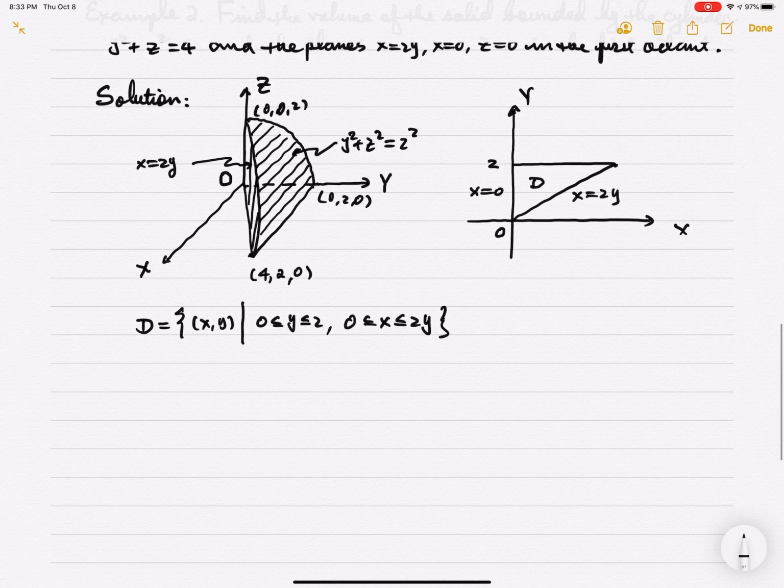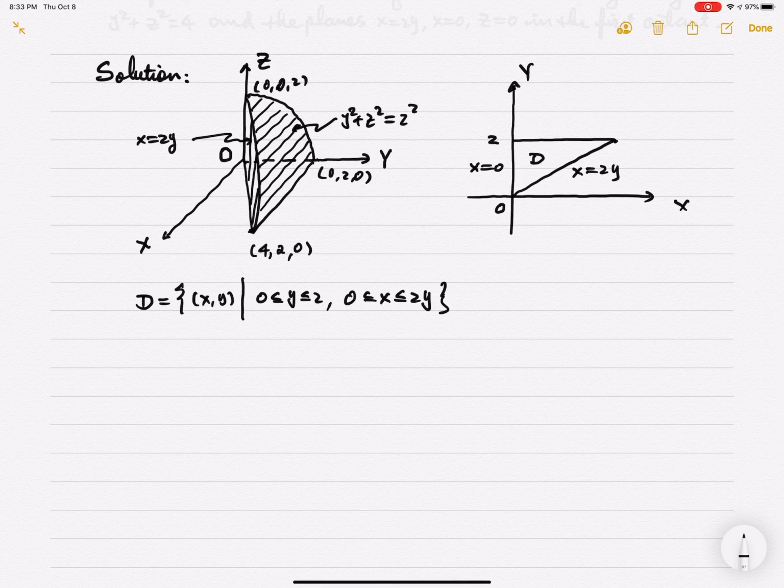Okay, and then now we say the volume V is equal to the integral from 0 to 2, and then 0 to 2y, of the square root of 4 minus y squared dx dy.